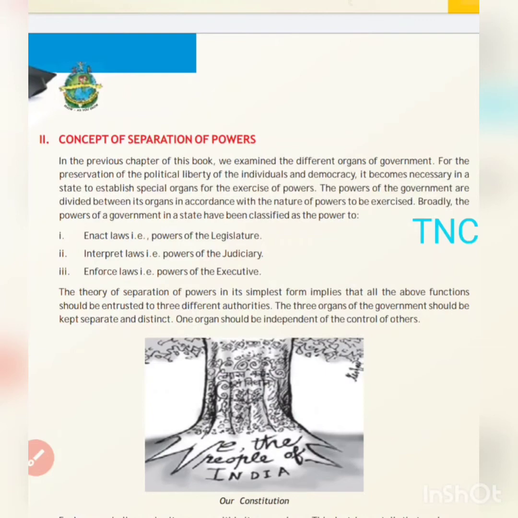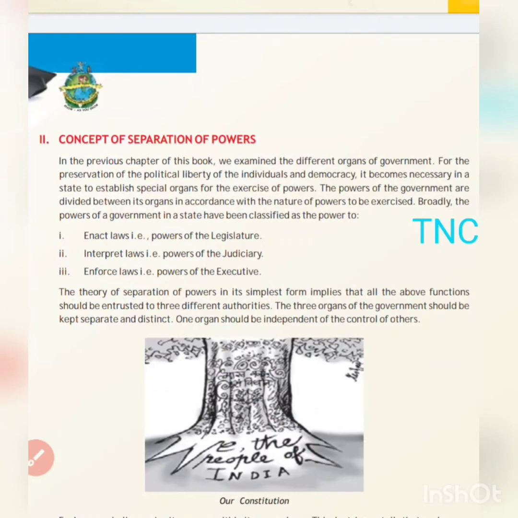It is important, to keep a check and balance and to preserve democracy, that power may not be concentrated in the hands of a few people or a single person, but rather distributed to various special organs. Why special organs? Because each organ will perform the specific function allotted to it.